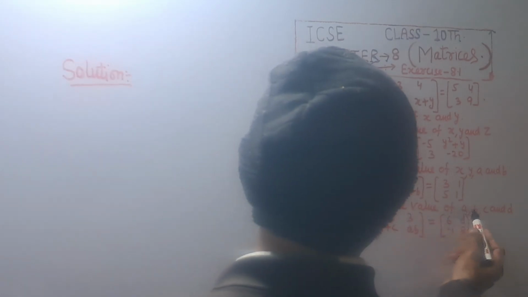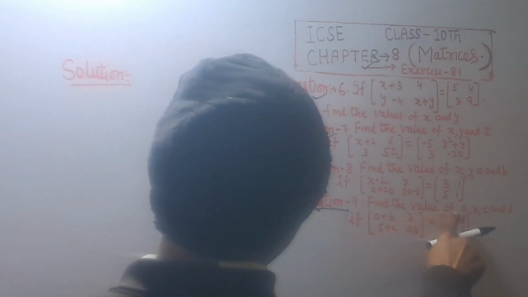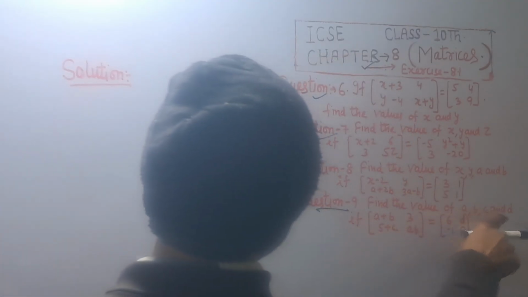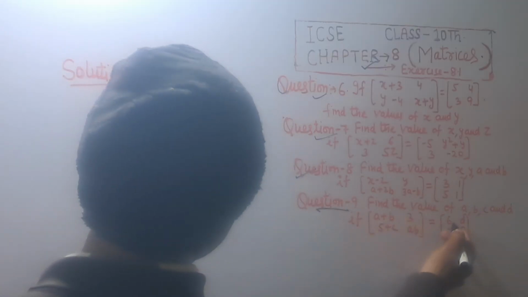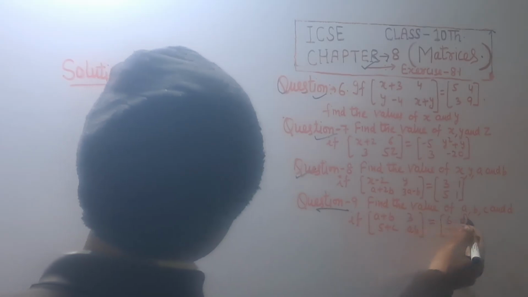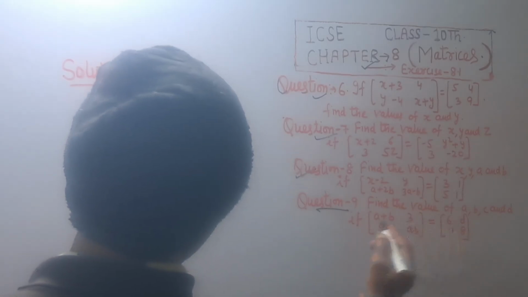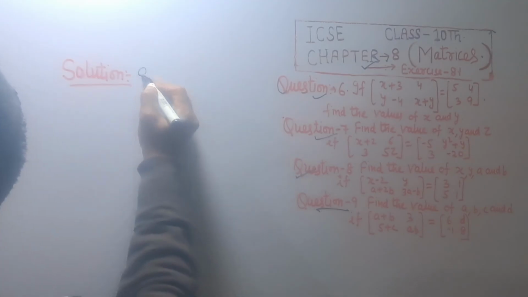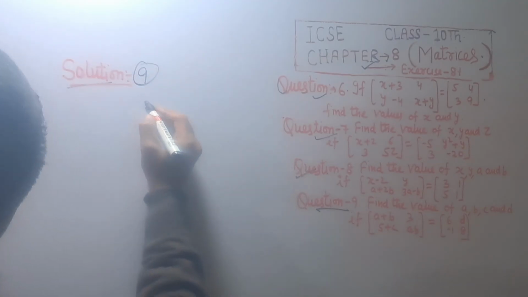Find the value of a, b, c, and d. If given a plus b equal to 6, 3 is equal to d, 5 plus c is equal to minus 1, and ab is equal to 8. Solution. Question number 9.